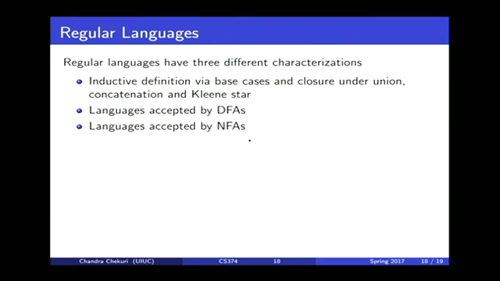And for DFAs, we know that if a language is accepted by a DFA, then its complement is also accepted by a DFA. So regular languages are also closed under complement, which is nice. If you have a machine for a language, you have a machine for its complement.